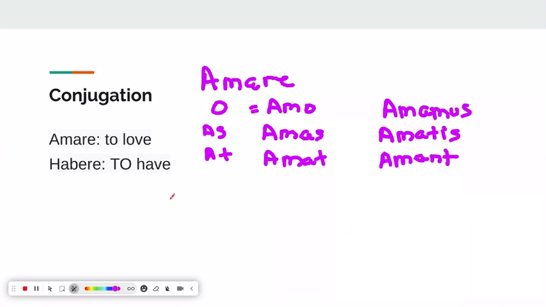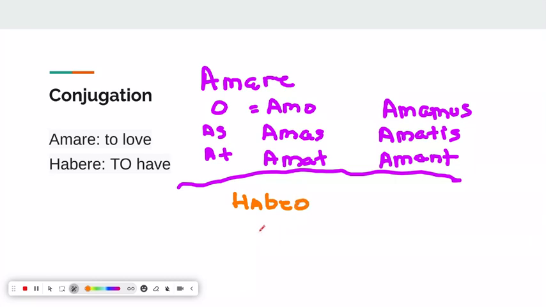So ere verbs, they're conjugated a little differently. We'll use red for that. So habere means to have, and it has an e and then the o. Habeo, I have. And then it's almost the same, but you're using the e instead of the a.